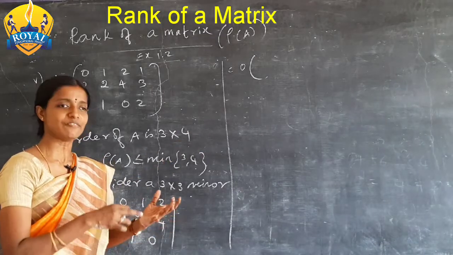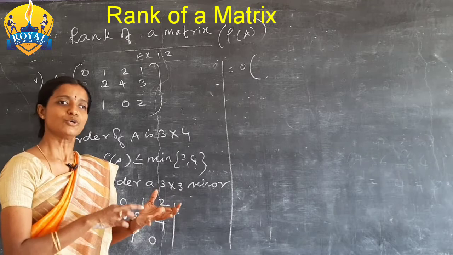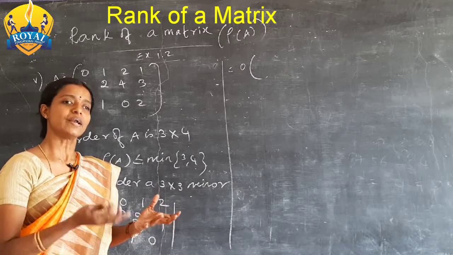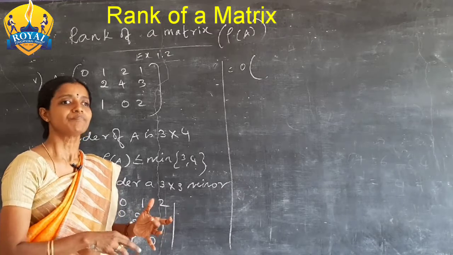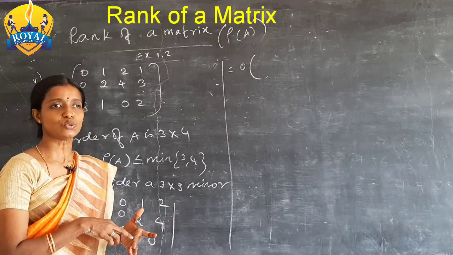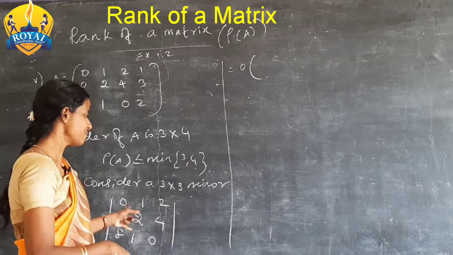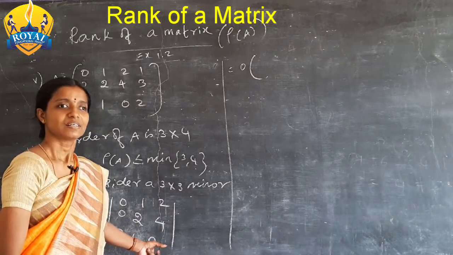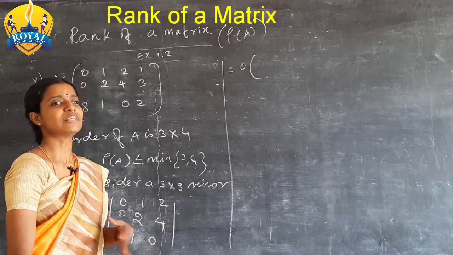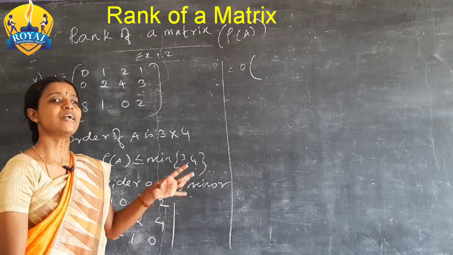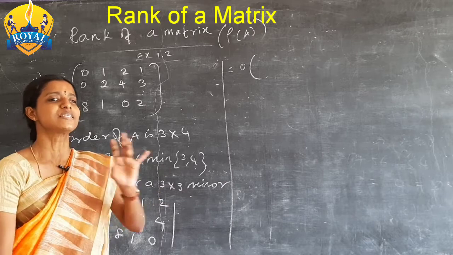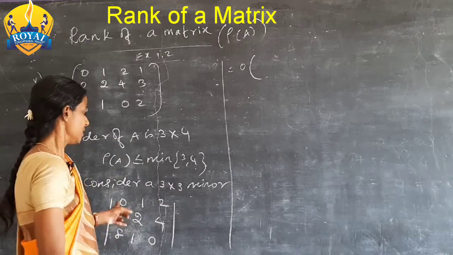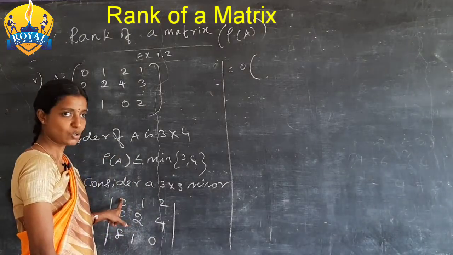Because you already have learnt the minor method, you already have learnt elementary transformations, and you already have learnt how to find the determinant value. So shall I expand here directly? Let us check whether we are able to expand directly and complete our problem in a much easier way. Okay, so let me take the first element 0.